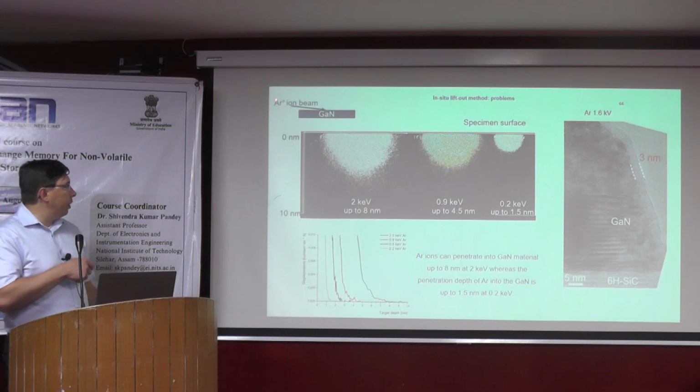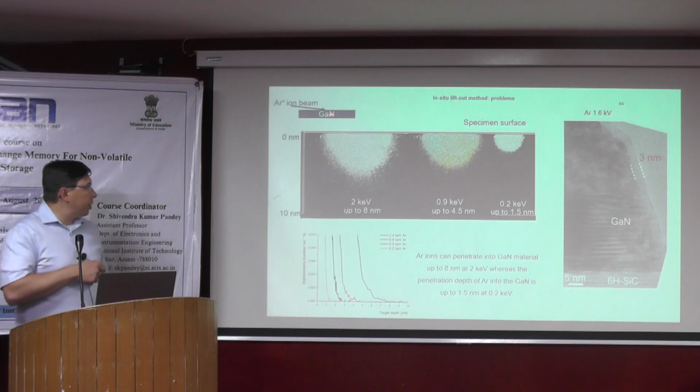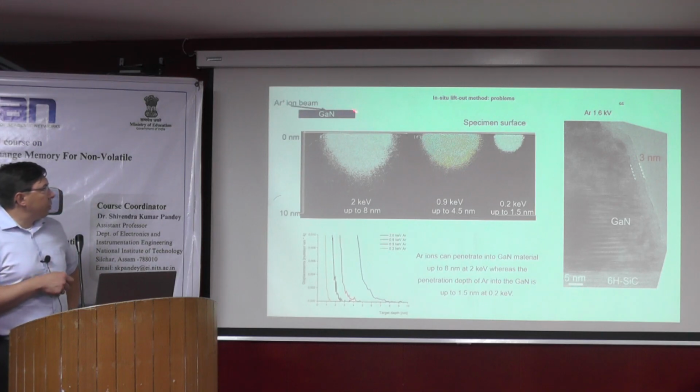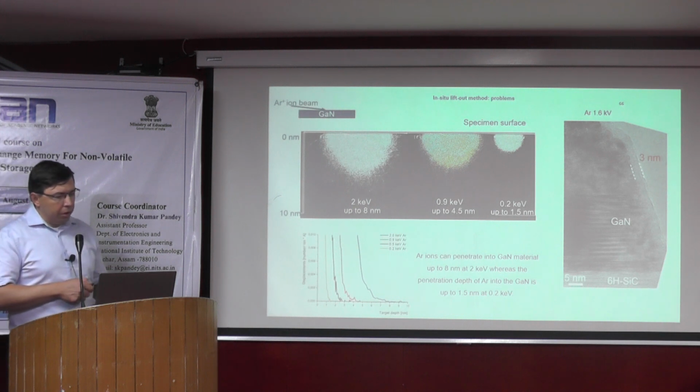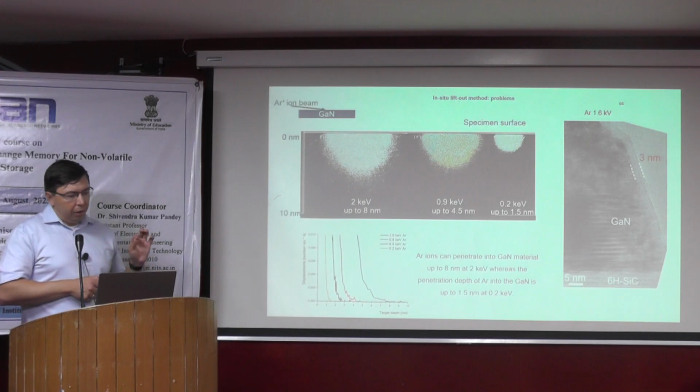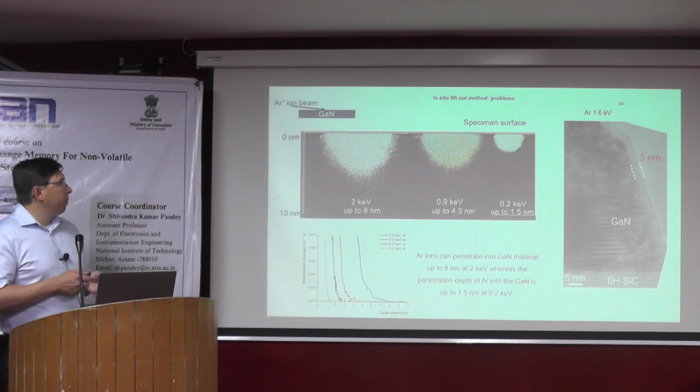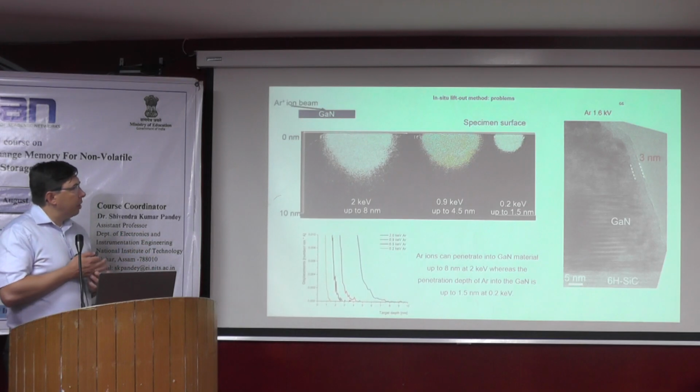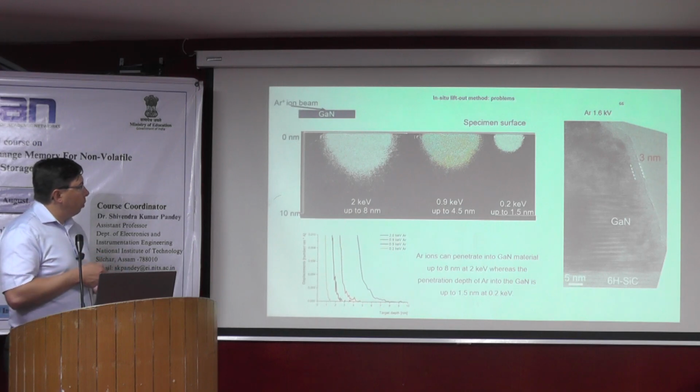Gallium is much larger than argon, and by using this you can process your specimen thoroughly. You can get better surface quality and specimen thickness. So here again are some simulations on the ion beam penetration into the sample.